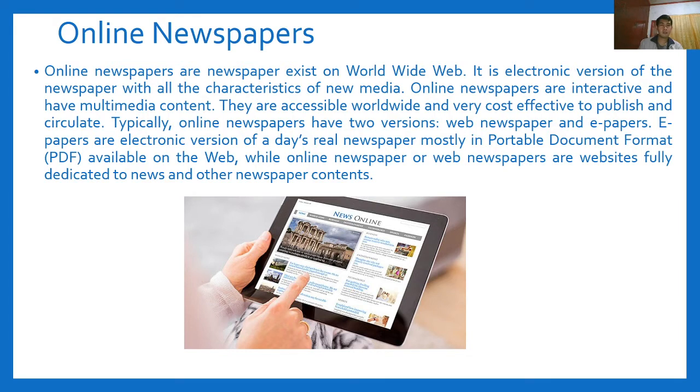Because of the existence of the World Wide Web, the electronic version of the newspaper emerged, and you can see it online. You can see the same articles online as those published in the hard copy broadsheets, to make it more accessible and to keep up with the pace of technology nowadays.